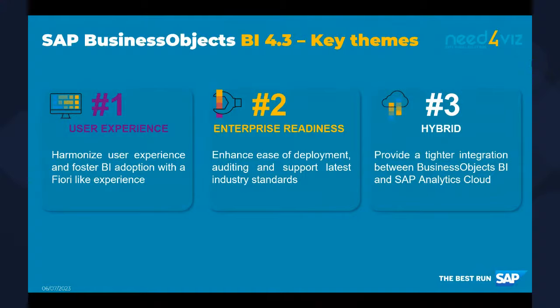The first one was to improve the user experience for all our end user community, being a classical viewer or a power user, a designer. Second objective, the targeted personas were the IT, or can we improve the deployment phase of the BI 4.3 on top of the BI 4.2, for instance. And last but not least, the hybrid. Let's go for the details.